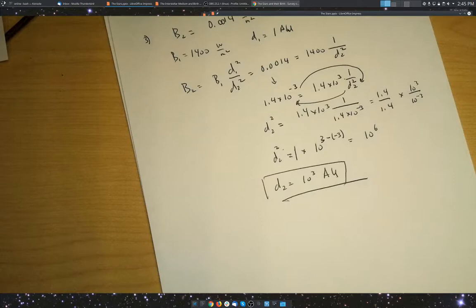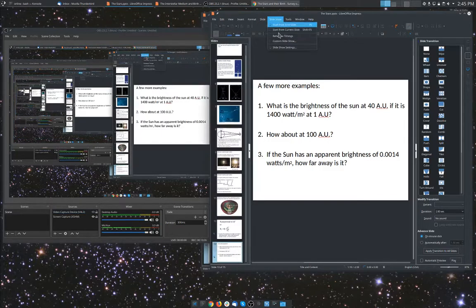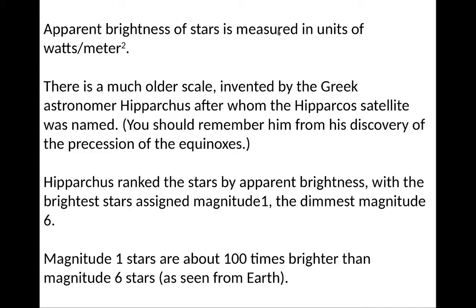Okay, so let me turn off this thing here, and let's go back to our slideshow. So this apparent brightness that we're using right now is measured in units of watts per meter squared. This is a far more rational unit of measure that is useful for this class, right?